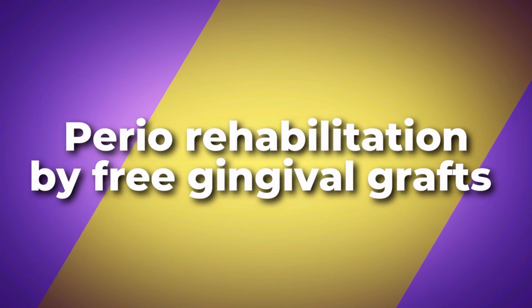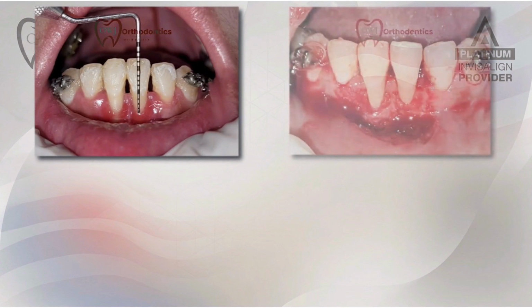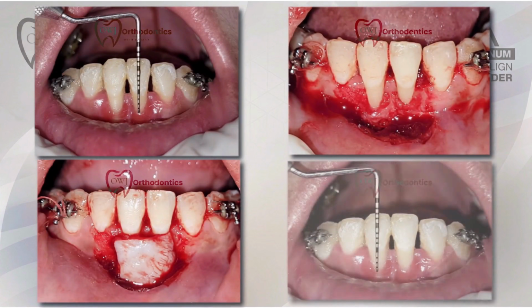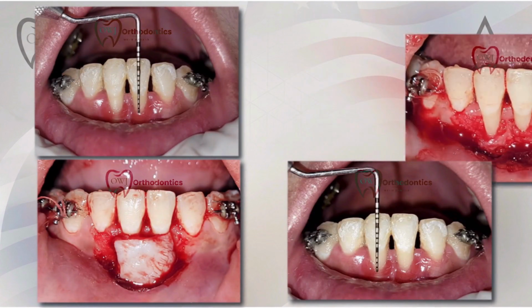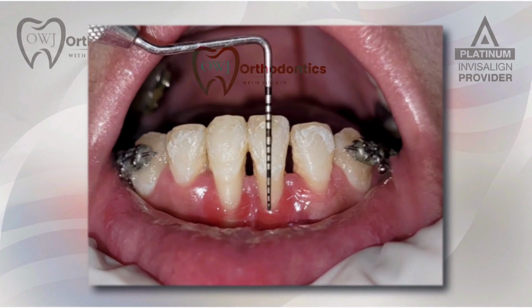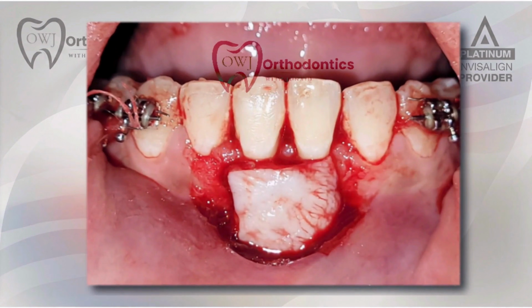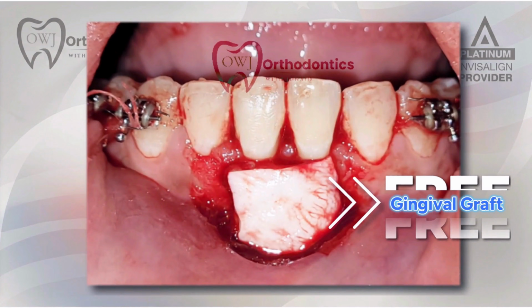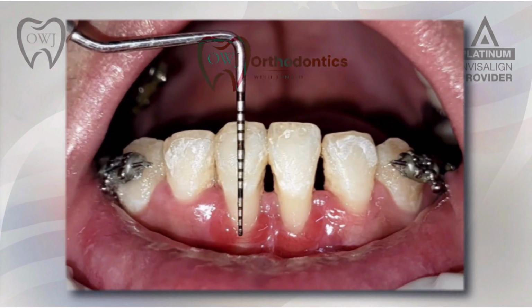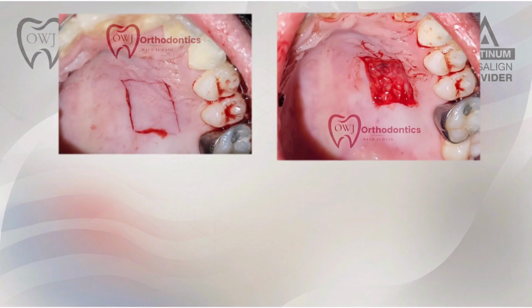So now coming to the perio-rehabilitation, where the periodontist's role comes and we go for measuring the height, and later on this was a free gingival graft which we put, for almost 5 to 6 mm of recession, and we use the masticatory mucosa.